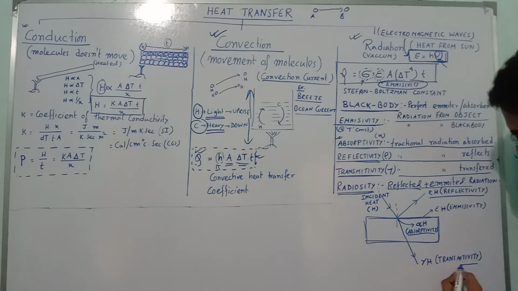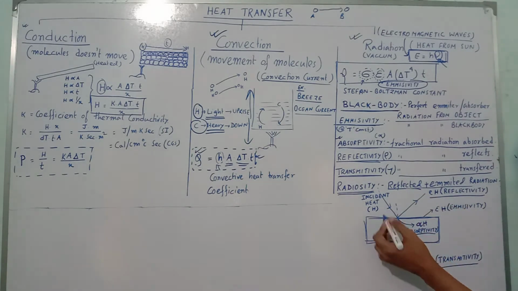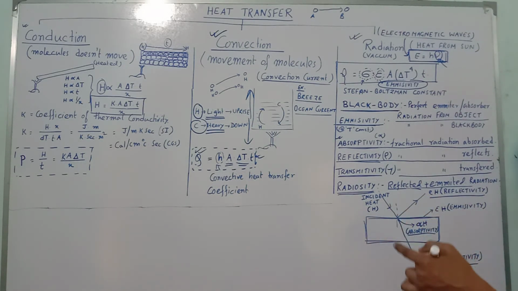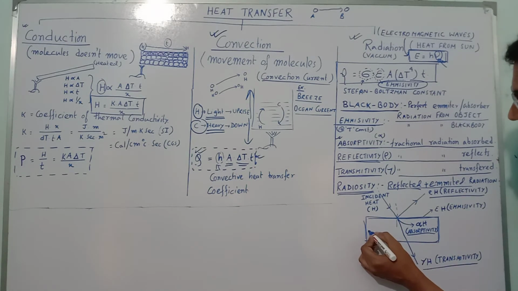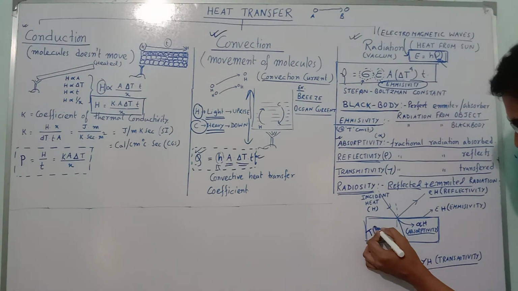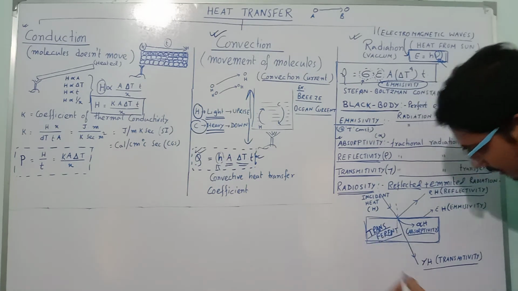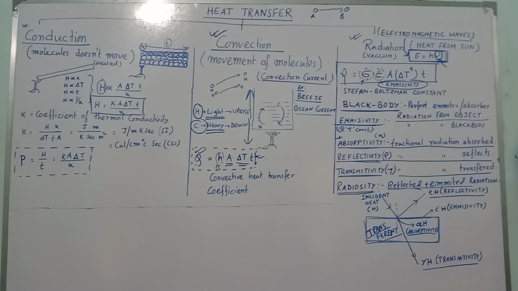Some portion is transmitted if this object is not opaque, that is, if this is a transparent object, then some amount of heat will be transmitted.